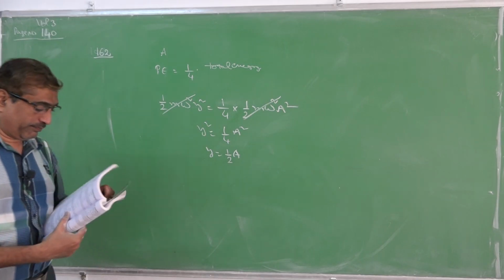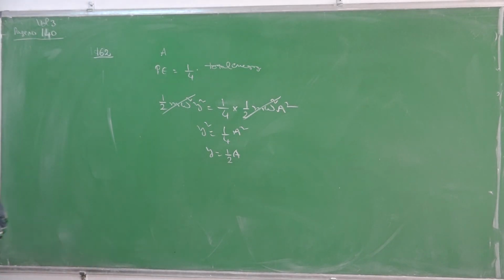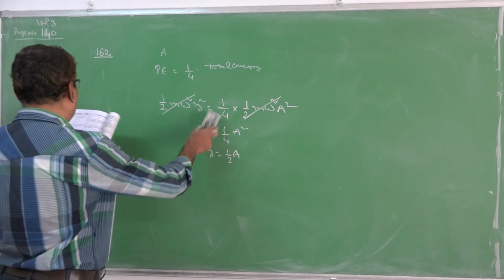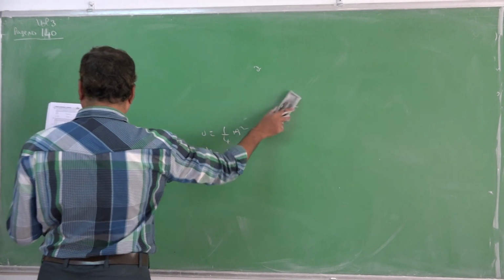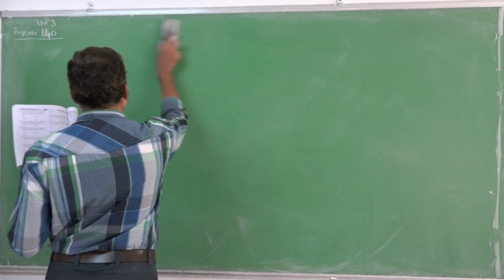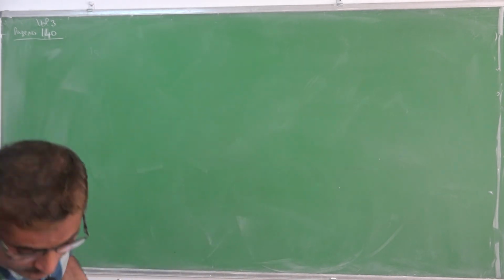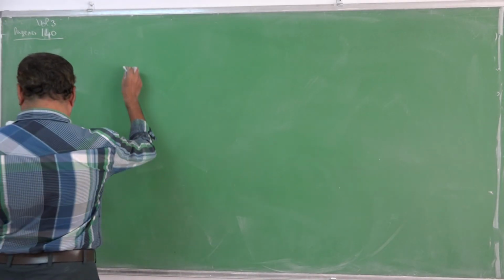Next one, at what displacement is the kinetic energy of a particle performing SHM of amplitude 10 centimeter 3 times its potential energy? 165.